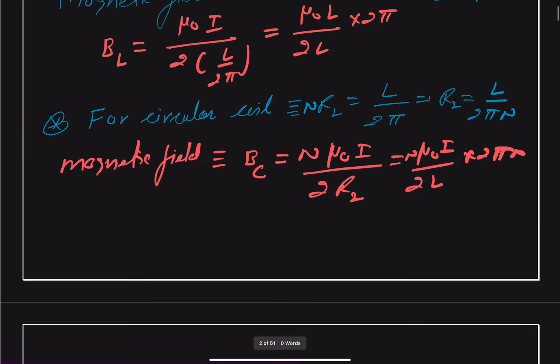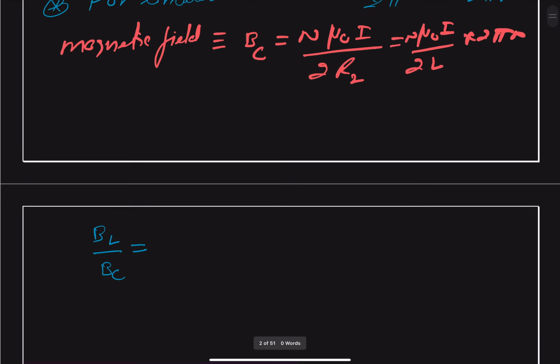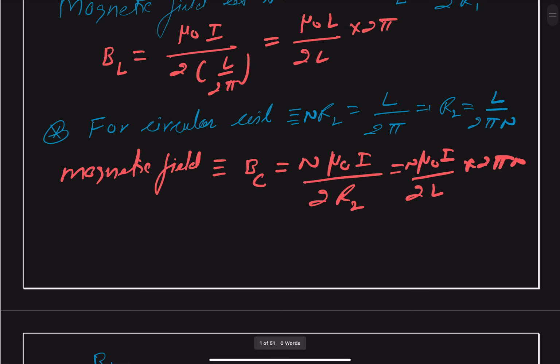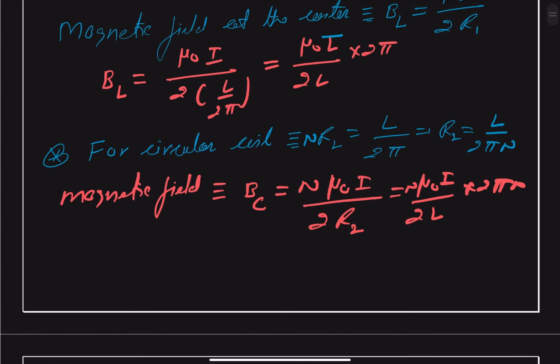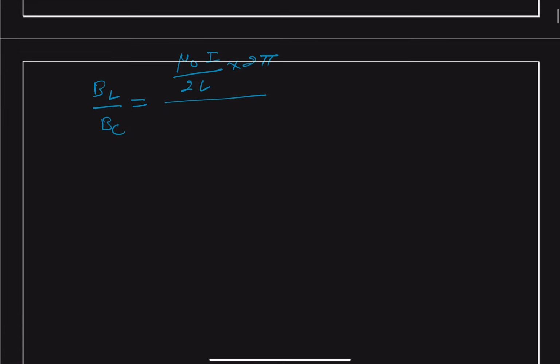or we need a ratio, that is BL upon BC. So we can say that our ratio BL upon BC will be equal to BL, which is mu naught I upon 2L multiplied by 2 pi, and we have this as n mu naught I upon 2L multiplied by 2 pi, and this is multiplied by n.